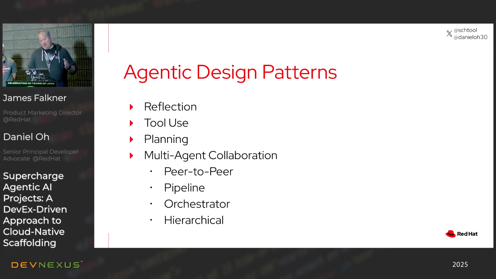And then you get even more complex things like hierarchical, where you can design agents like a manager-employee relationship, where the manager delegates tasks, the employee gives advice and information, and then the manager makes decisions. There are a number of different ways that you can construct these things. It really depends on the use case and the outcome that you're looking for.